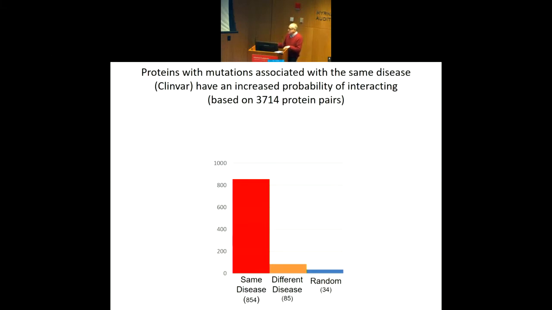If they come from a different disease, you can see the numbers way down. And we just took random sets of proteins. It is also way down. So this is an important result. We're not the first people to make this observation, but we're making it based on predicted interactions that proteins from the same disease, maybe not surprisingly, are predicted to interact.